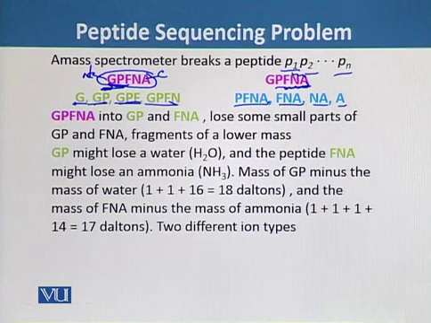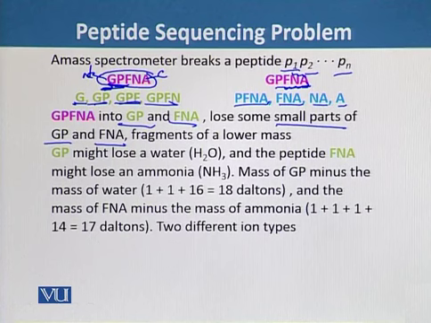Moreover, while breaking GPFNA into GP and FNA, as I told you, there is a problem in sequencing the protein using the mass spectrometer. It may lose some small parts of GP and FNA, resulting in fragments of lower masses.